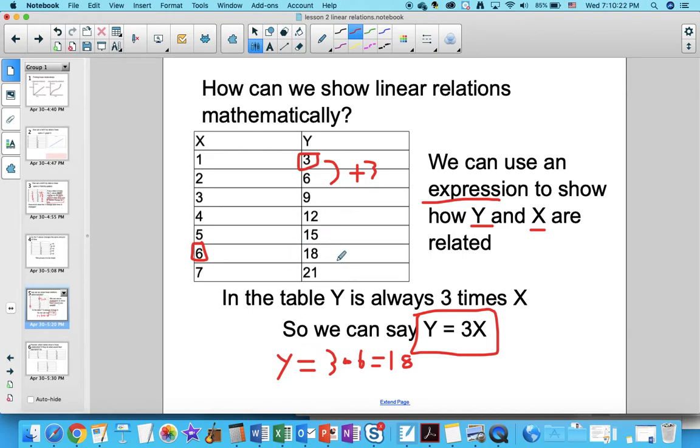They match. So this expression shows this pattern, and that's what you would write. If I said show the expression that proves that this table is linear, you would say this for this specific table. Different tables will have different expressions.